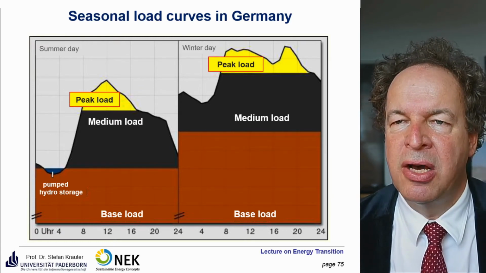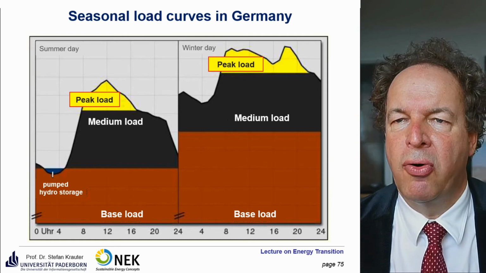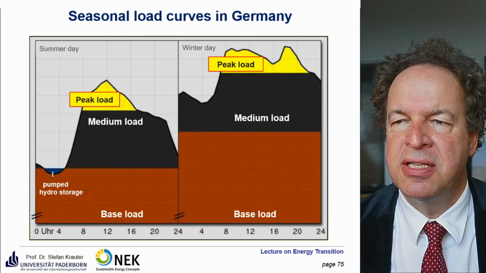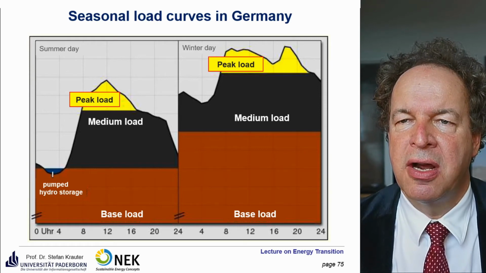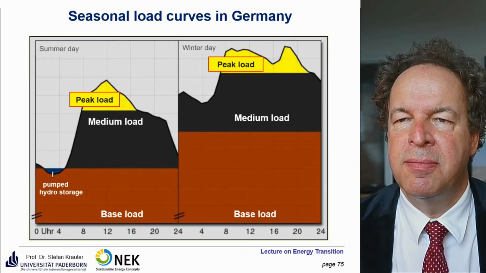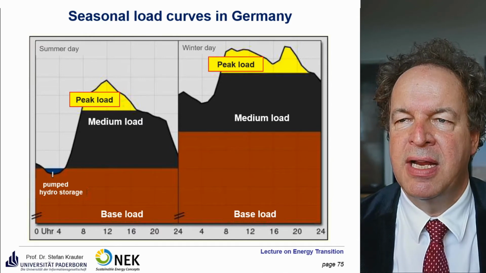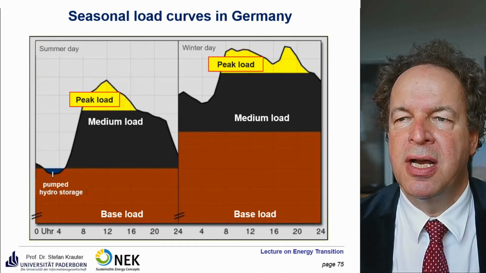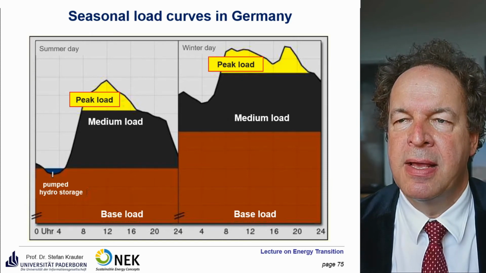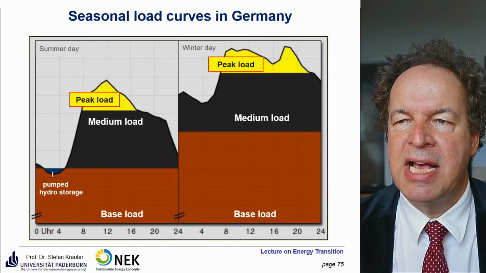Then we have medium load. There you need more flexibility. Traditionally, this has been the hard coal power plants in Germany. They are a bit able to cope with that, so they can be throttled down or sped up a little bit. And then a peak load, which was traditionally covered by some hydropower plants or gas power plants.